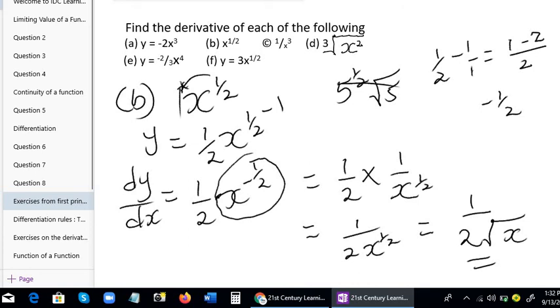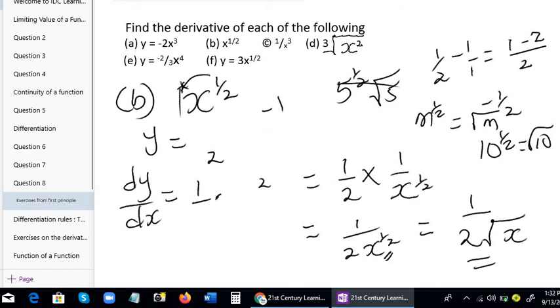So if you have, let's say, 10 raised to power 1 over 2 is same thing as root 10. m raised to power 1 over 2 is same thing as root m. Okay, so don't let this part confuse you. x to the power 1 over 2 is same thing as root x. Okay, I've gotten the answer for B. You can gently go back again, rewind the video, and probably make sure you understand everything I've done so far.